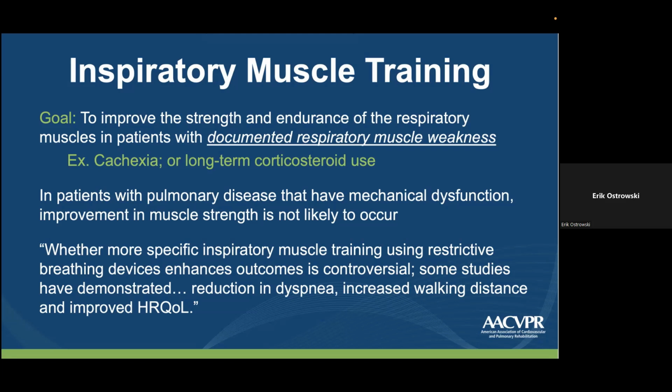Certainly it's beneficial for patients that have respiratory muscle weakness, but if they don't necessarily have a condition or suffering from respiratory muscle weakness, you can consider adding it as an adjunct to traditional endurance and strength exercise, but certainly don't limit the amount of endurance training or resistance training recommended exercise to fit in inspiratory muscle training if it may not have as many benefits as traditional endurance exercise training.